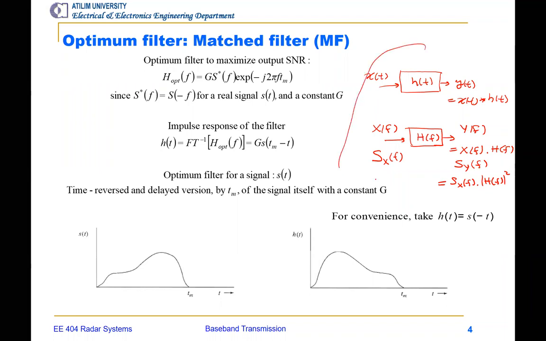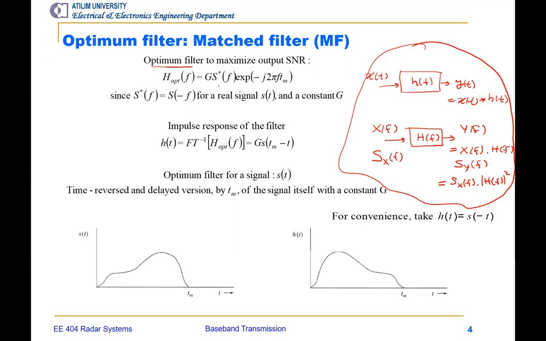So just keep this in mind. We are playing with this in the slides. Now, the transfer function of the optimum filter that maximizes the output SNR is given in terms of the input signal.